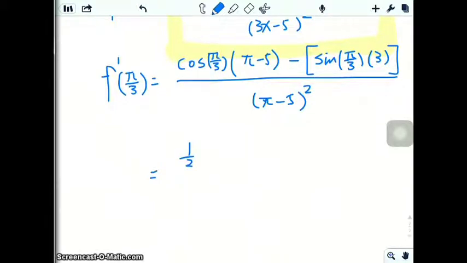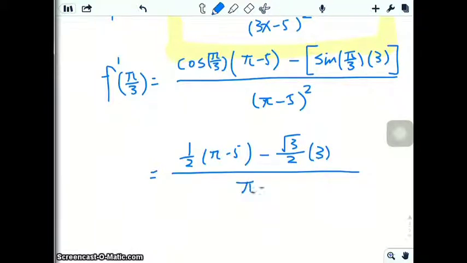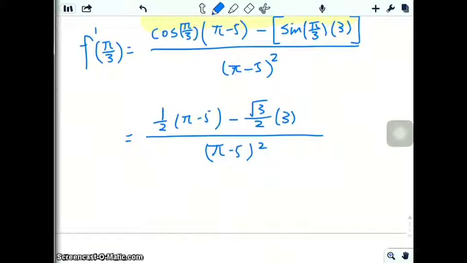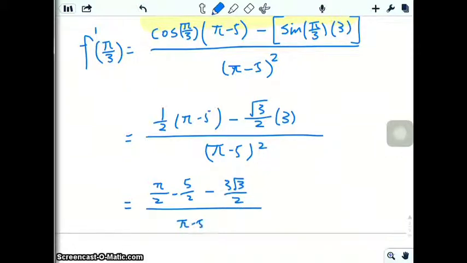Cosine of pi over 3 equals 1/2, so we have pi minus 5 over 2, minus square root of 3 over 2 multiplied by 3, everything divided by pi minus 5 squared. This gives us pi over 2 minus 5 over 2, minus 3 square root of 3 over 2, everything over pi minus 5 squared.